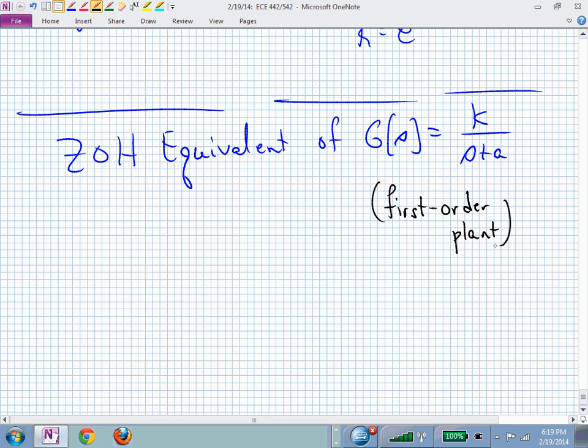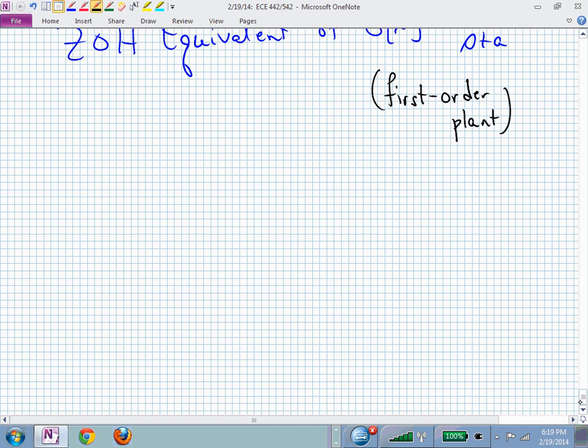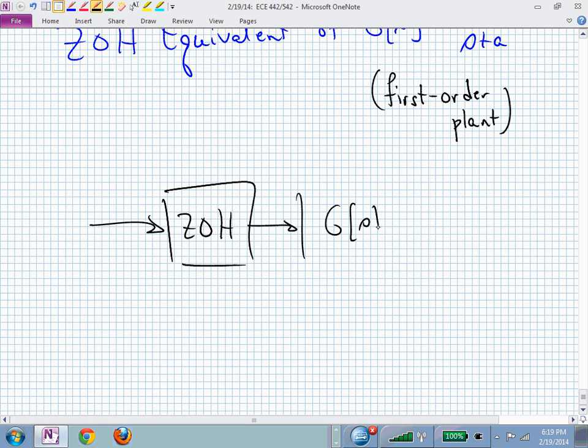Our first order plant. Meaning we now have our first order plant, k over s plus a, preceded by a zero order hold, and we want to find what is g of z.